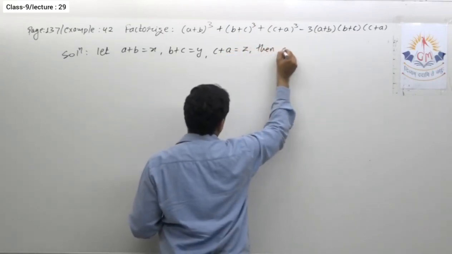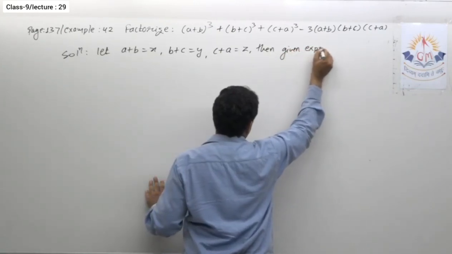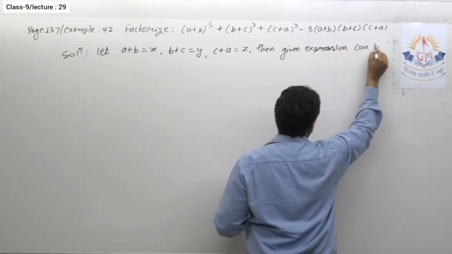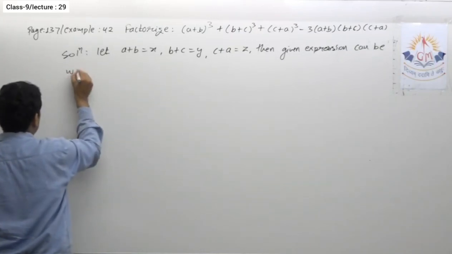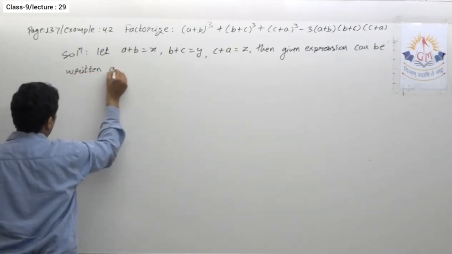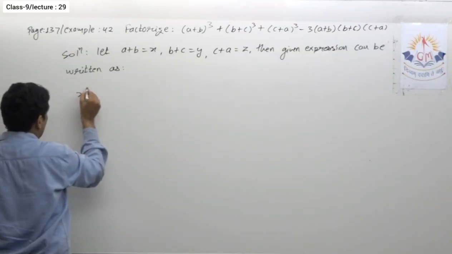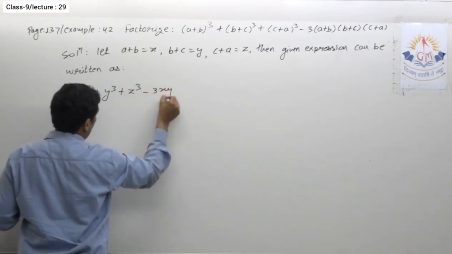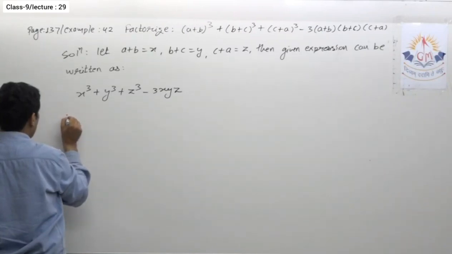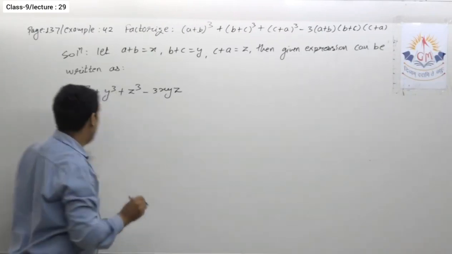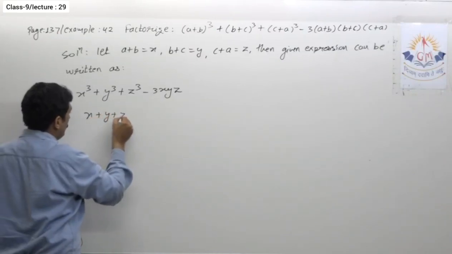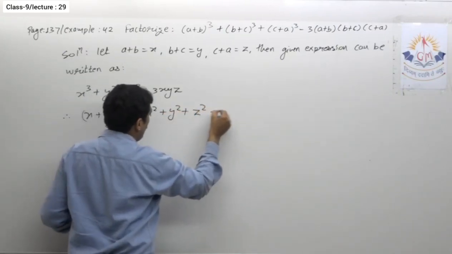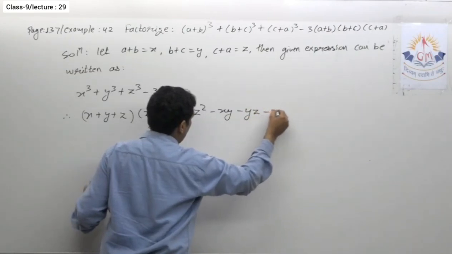Then the given expression can be written as x cube plus y cube plus z cube minus 3xyz, and we know that x cube plus y cube plus z cube minus 3xyz can be written as x plus y plus z, then x square plus y square plus z square minus xy minus yz minus zx.